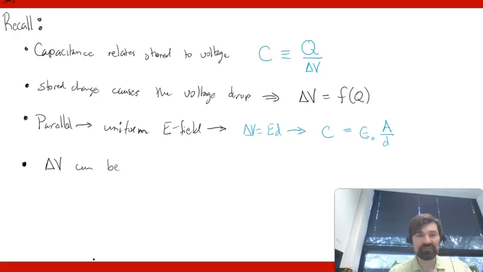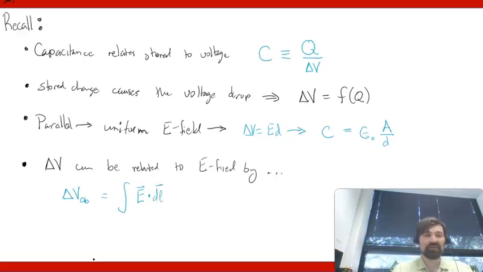Delta V between points A and B should look like the integral from A to B of E dot dl.